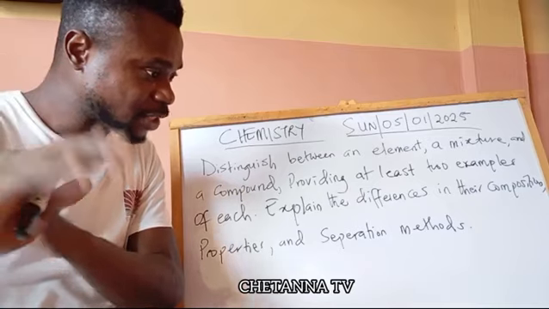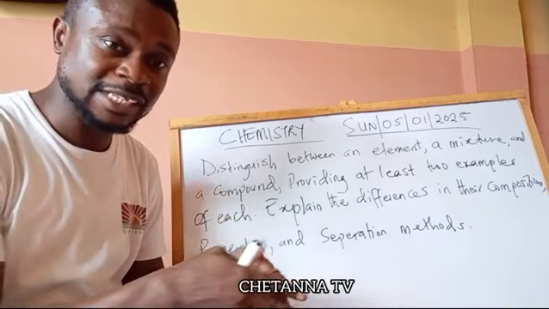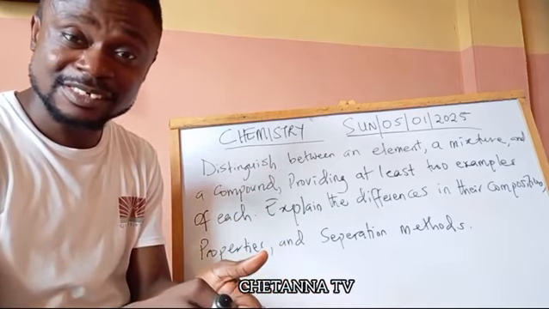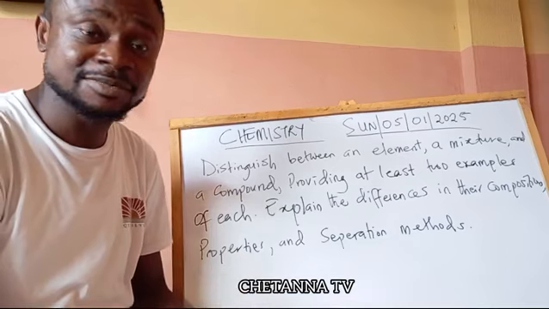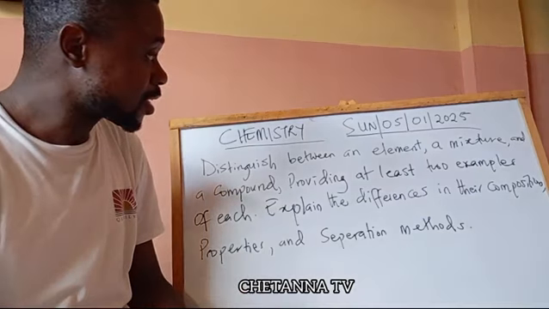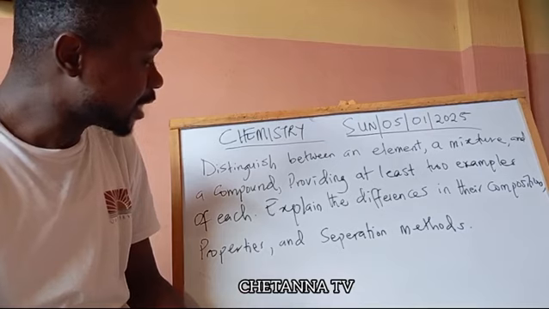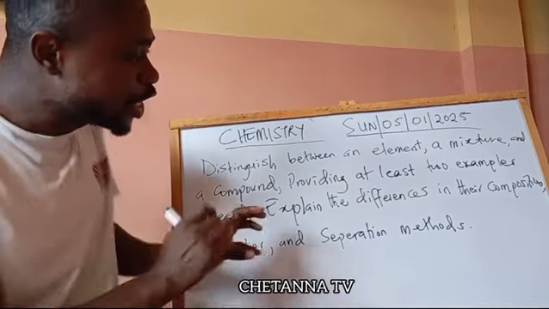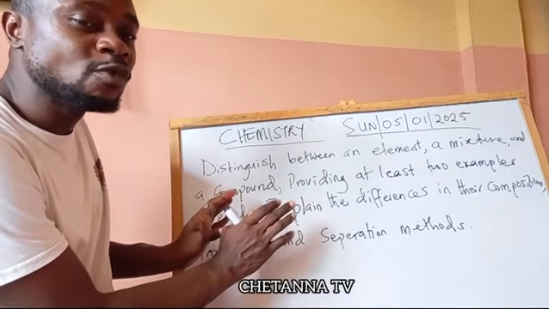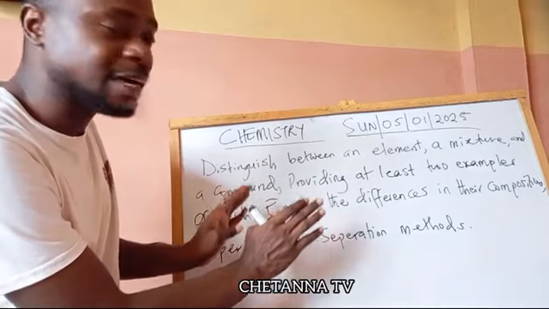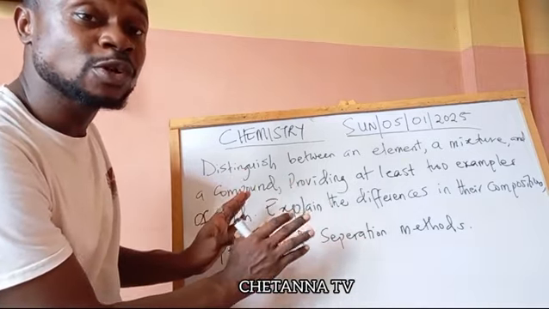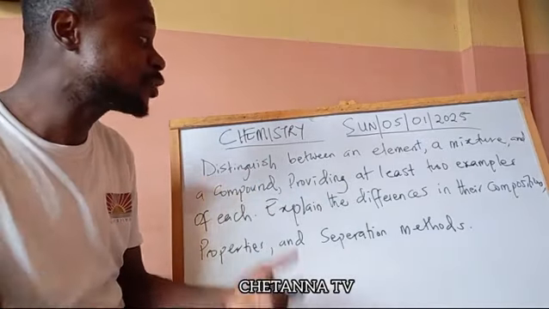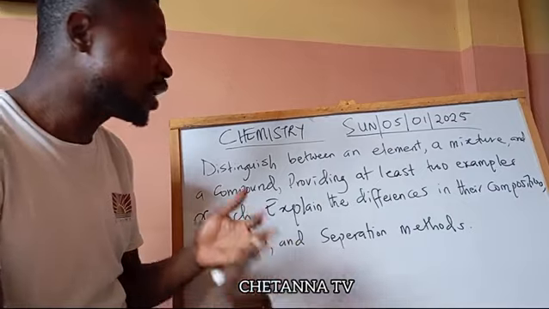Then if you talk about the composition, you start talking about atoms, ions, mainly atoms and ions, then molecules. But when you talk of elements, compound, and mixture, we talk about classification of what? Matter. So matter is classified into elements, mixtures, and compounds.